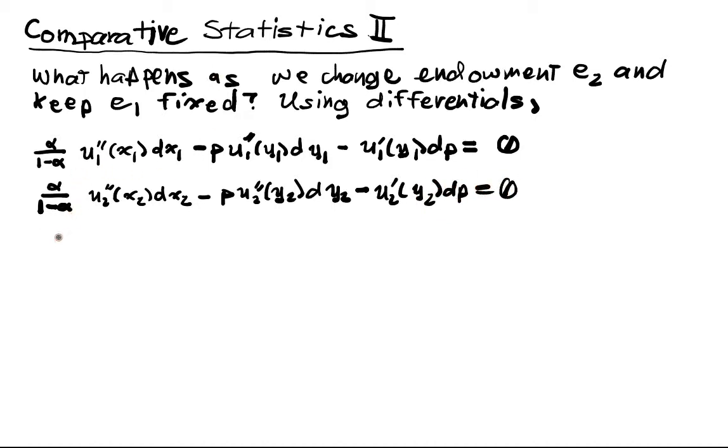Now the rest of the equations were all linear, so it simply linearizes the rest of the equations. So we have p dx1 plus dy1 plus x1 minus 1 dp is equal to 0.